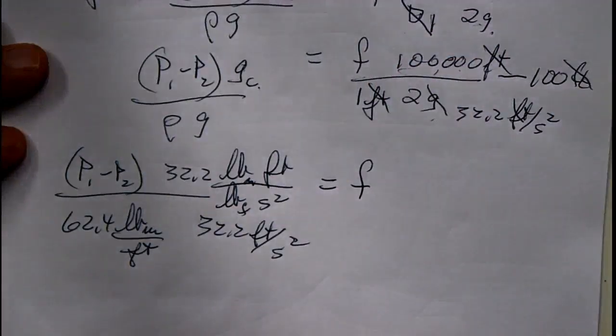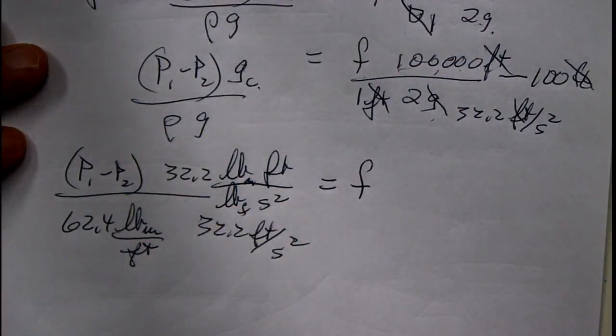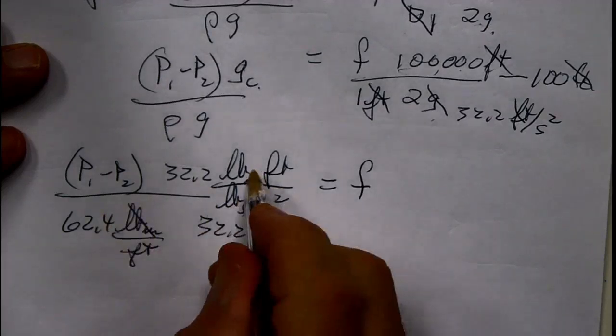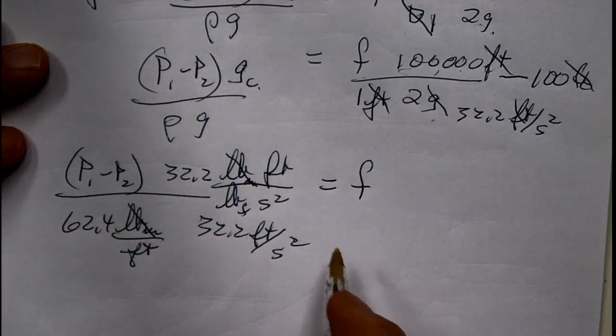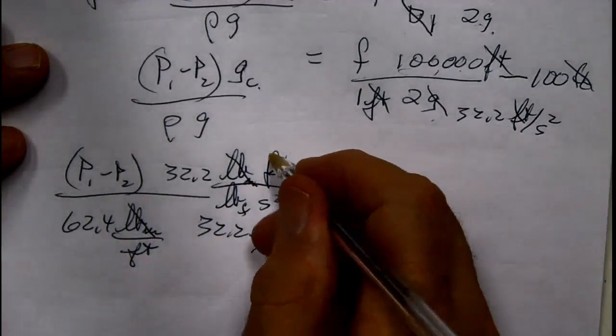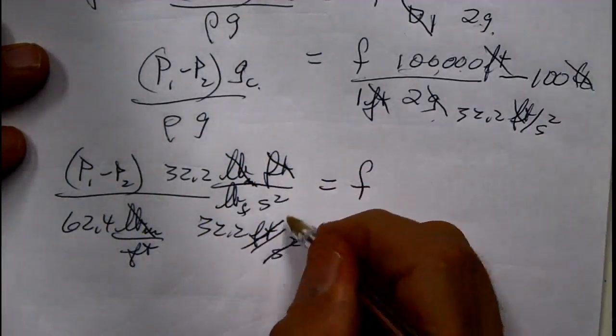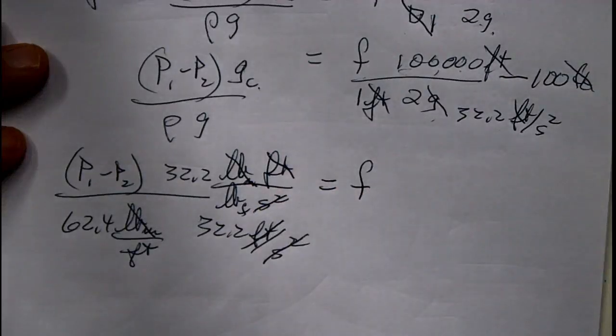I got seconds squared here floating around, which I don't particularly like. To see what happens over here, I'll have pounds mass canceling pounds mass, foot canceling foot, second squared canceling second squared there.